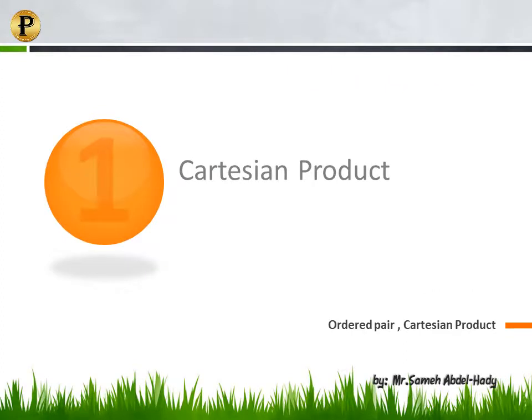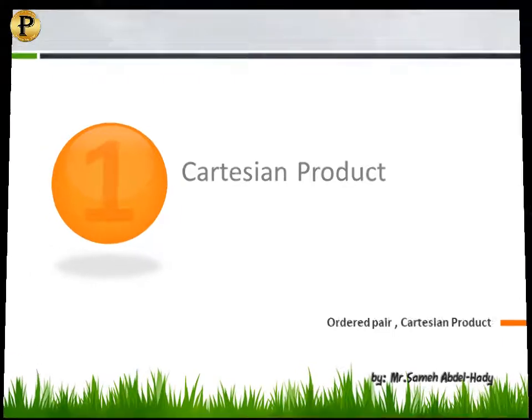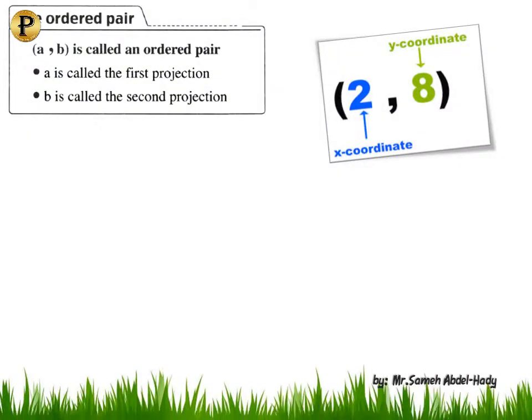We have talked before about Cartesian Product and said we have to study ordered pair. So we studied ordered pair in the last video. We said that the ordered pair (a, b) in arc brackets is called an ordered pair where a is called the first projection and b is called the second projection.